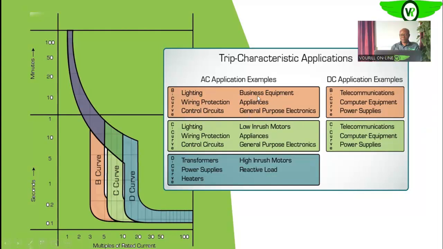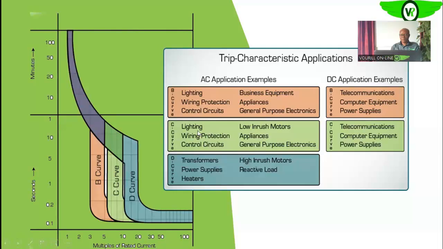So you see that we do not have heavy loads or inductive loads in this area. So circuit breakers that are guided by the B tripping curve will be good enough. Therefore, also DC applications, telecommunications, computer equipment, and power supplies.